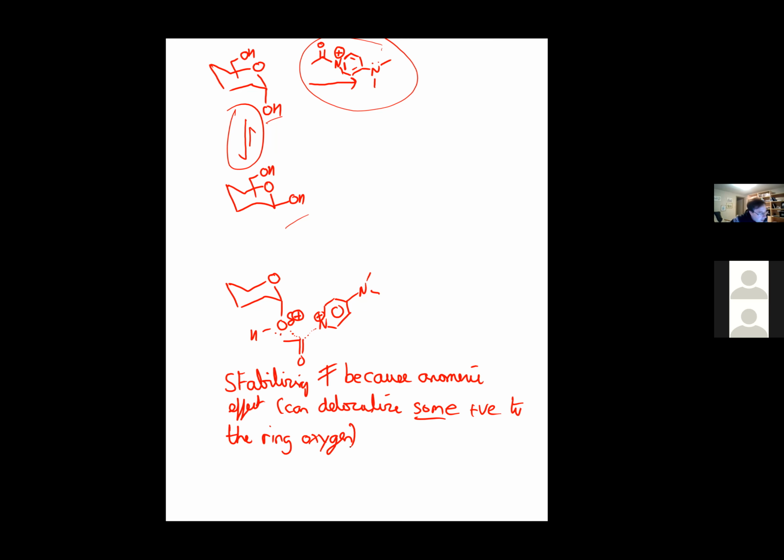So we can get some of that because of the anomeric effect here, because this is going to be donating some electrons here. You're getting some positive charge coming towards this oxygen. So some of the positive that's building up on this oxygen can move to that ring oxygen, which is not available for the beta. So that stabilizes this transition state as the reaction is forming.